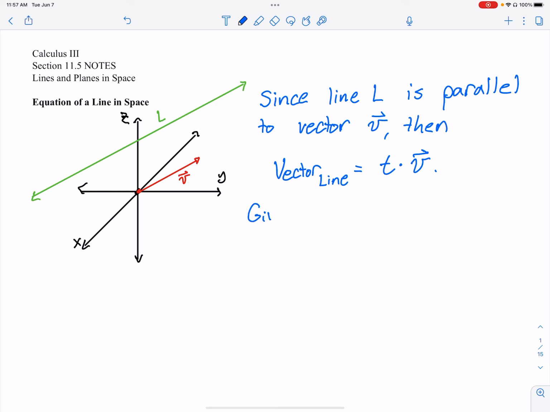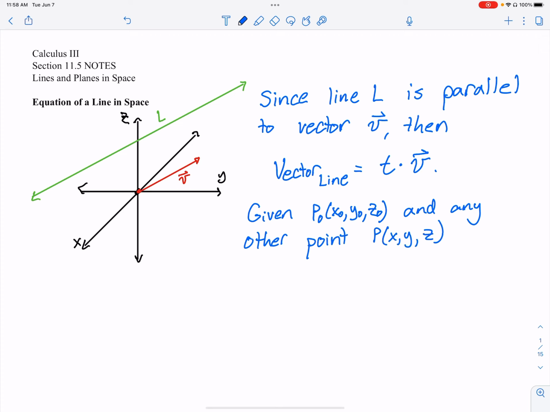We're going to use this equation and some other information. So let's pick a point, given a point, x naught, y naught, and z naught, and any other point. So we have two points, and we'll call the other one P, and this is going to be general, x, y, z, any other point on the line.